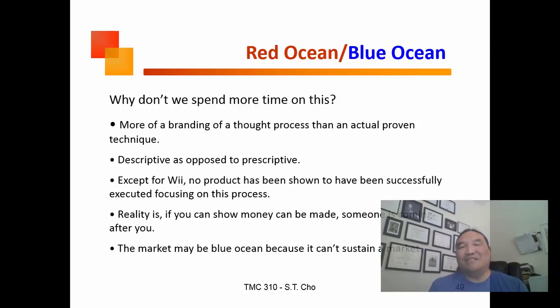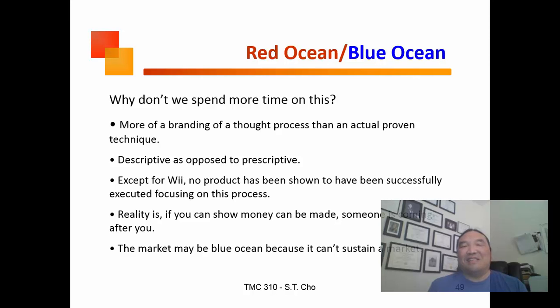The point is that Herb Kelleher wasn't thinking about red ocean, blue ocean when he formed Southwest Airlines. Herb Kelleher was thinking, damn, it takes a long time to drive across the state of Texas. Wouldn't it be nice if I could get into an airplane? Nobody's been able to use red ocean, blue ocean to successfully design a product.